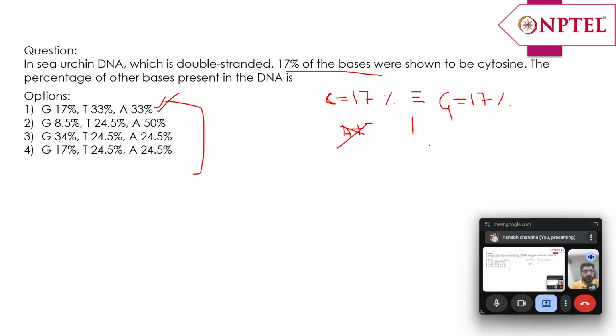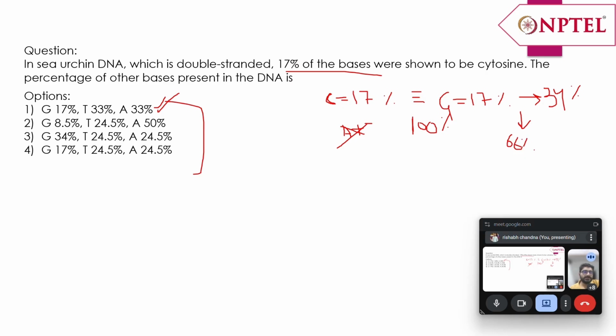Out of 100%, that is the number of bases present in the double stranded DNA, C and G combining will give us 34%. So out of 100%, 34% is C and G. So the remaining will be 66%, the left ones.